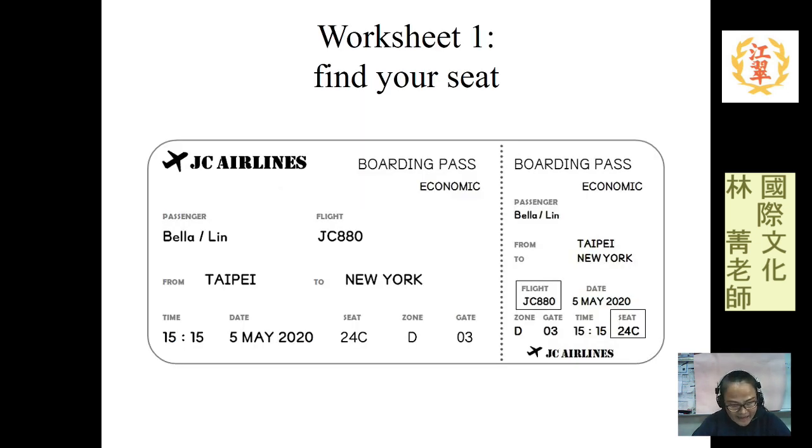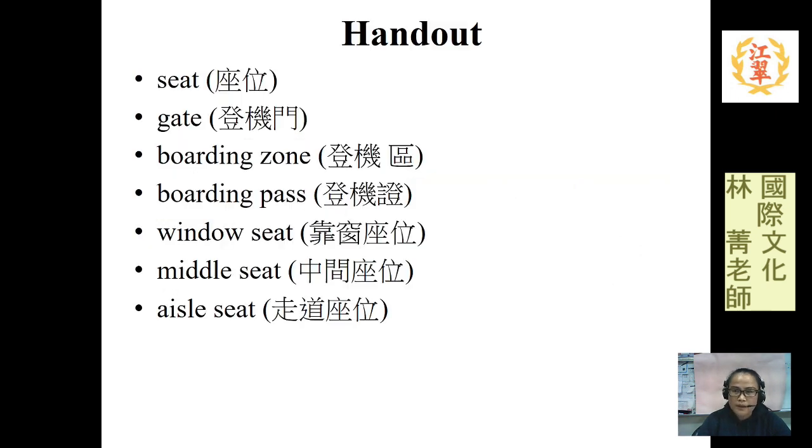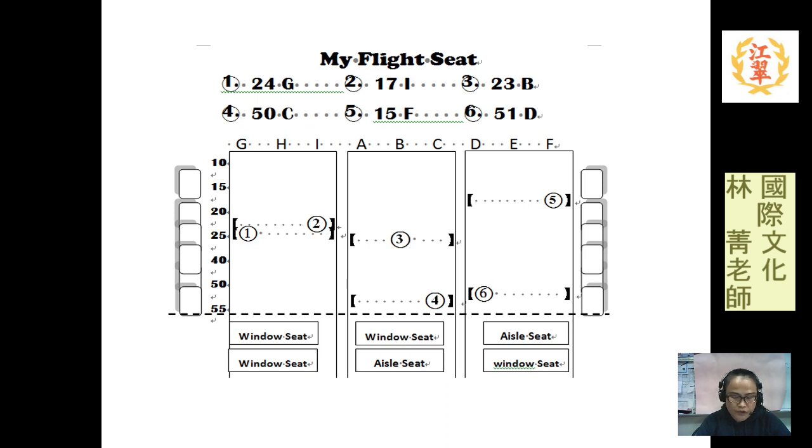That's why I designed an activity called Find Your Seats on a Plane. Students hold their own plane tickets and try to find their seats. They have to know at least 3 things: seat number, gate number, and boarding zone. Of course, I offer a handout to let them recognize these certain words. We will do the worksheet to assess their ability.